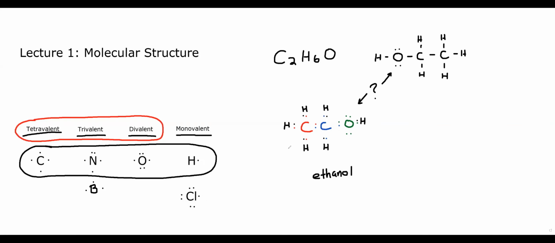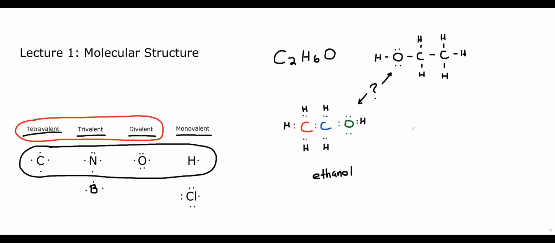If you can imagine taking this molecule where we have carbon, carbon, oxygen, and just flipping it like a pancake, now we have the oxygen over here on the left instead of the right, but it's the same molecule. We didn't draw a new molecule by drawing the oxygen on the left side. We've drawn the same molecule from a different perspective.